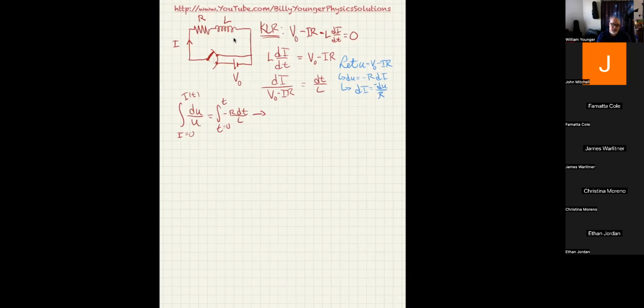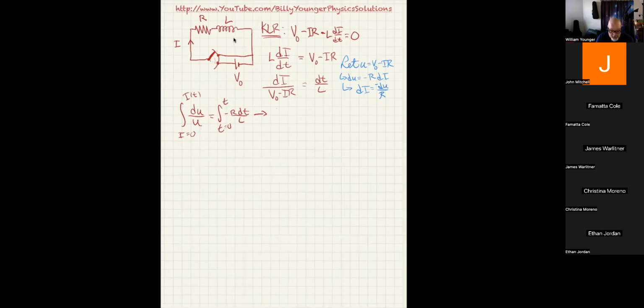And when I evaluate at I equals 0, it just becomes the log of V0. And of course, you're going to subtract those logs. It'll be the log of V0 minus R times I of t minus the log of just plain V0, and a difference of logs is equal to the log of the quotient.